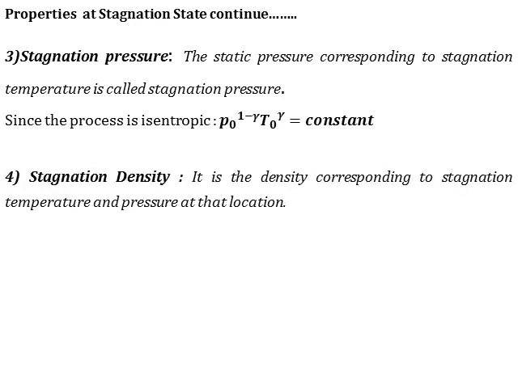Next, we have the stagnation density. It is the density corresponding to the stagnation temperature and stagnation pressure at that particular location. Here we can use the perfect gas equation, that is P is equal to rho RT in terms of stagnation conditions, or we can also use the PVT relationship for an isentropic process in order to obtain the equation for stagnation density.